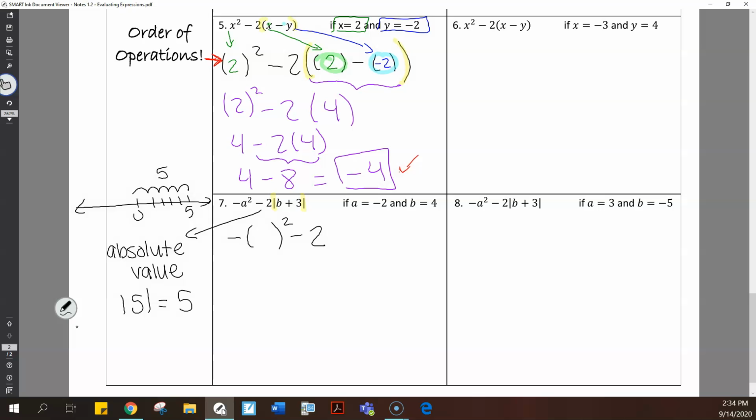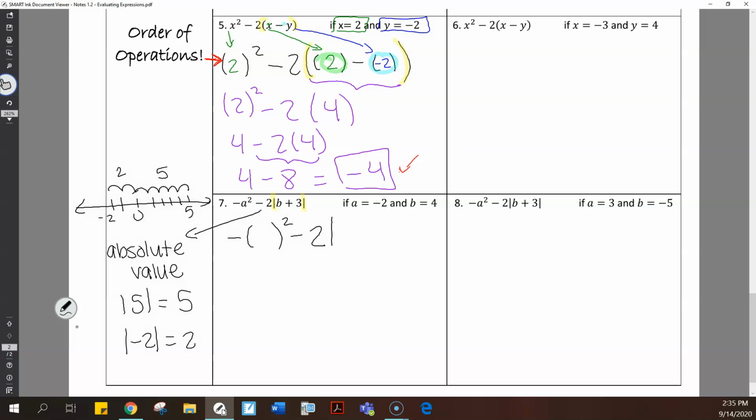But remember that this distance is going to stay positive. So if I want the absolute value of, let's say, -2, there's -2. Well, it's 1, 2 spaces. So the absolute value is 2. Okay, remember, the answers of an absolute value are always positive.